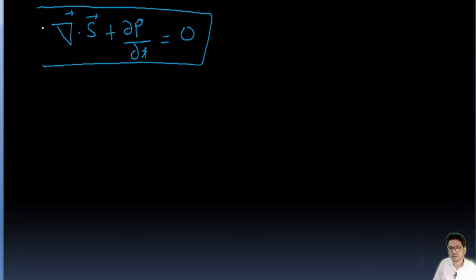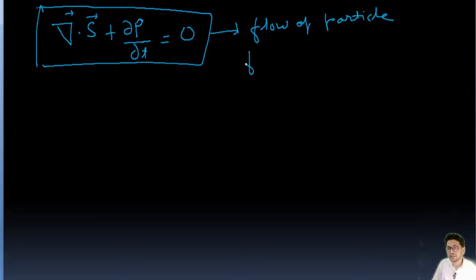In a similar way, in quantum mechanics we can write divergence of S plus del P upon del t equal to 0. This equation is called flow of particle, or flow of probability.